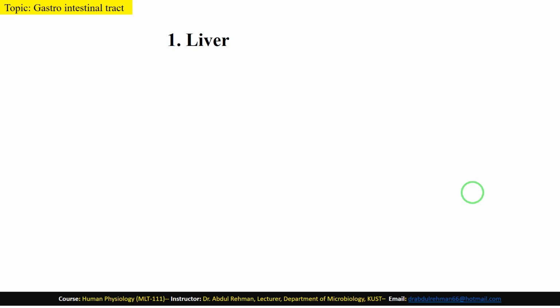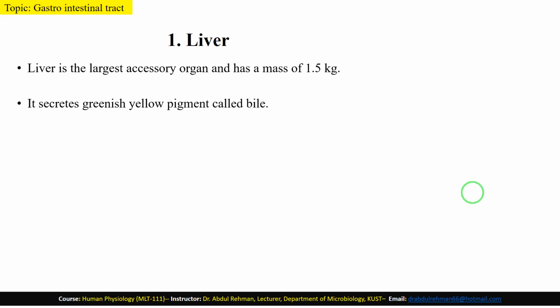Liver. The liver is one of the largest accessory organs and has a weight of 1.5 kg. It is surrounded by a membrane, which protects it from external stimuli and from microbial infection.